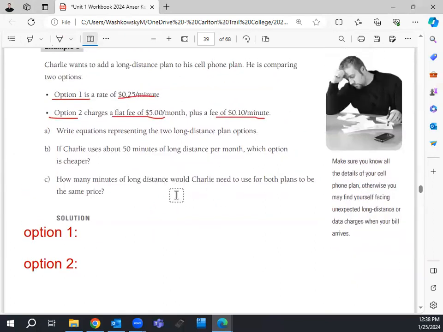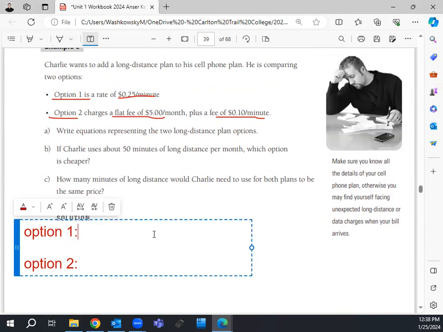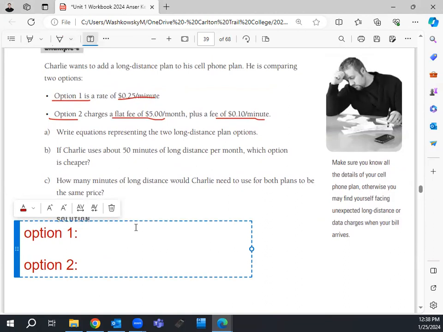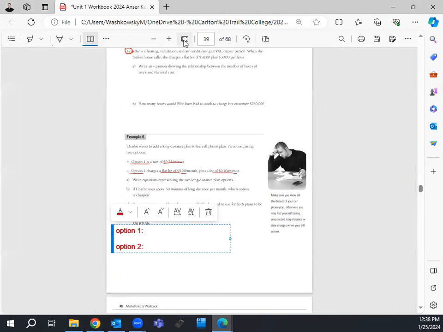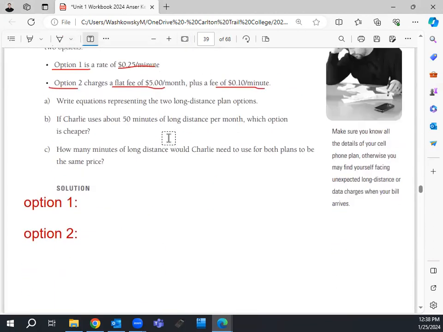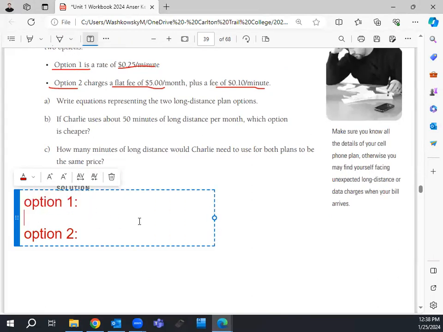So most of the time, you can kind of just think about it logically. When I say an equation here, I'm just thinking about, how could I calculate how much I'm paying at 25 cents a minute?